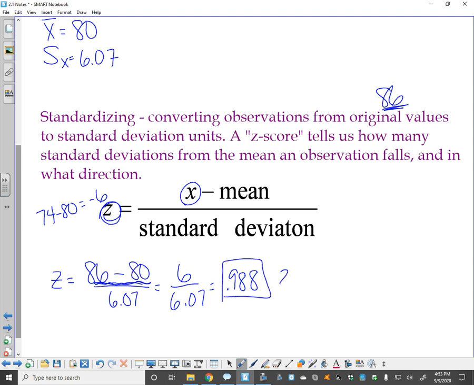And that's exactly what her z-score told us. 0.988. Number one, it's positive, so I know she's above the mean. And number two, it's almost 1. So she is almost 1 full standard deviation above the mean. Okay?